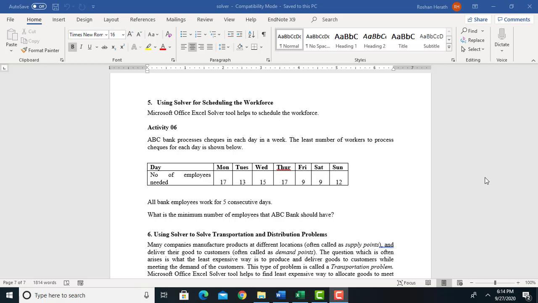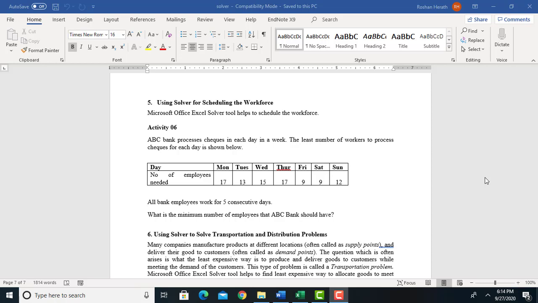For that particular task, for a particular period of time, you are going to identify what should be the optimum number of employees that must be there to accomplish the task. For a particular identified task, you are going to decide what should be the minimum number of employees that must be there.